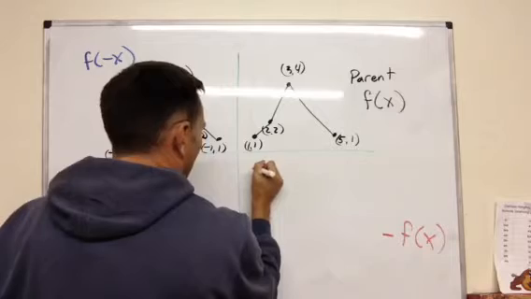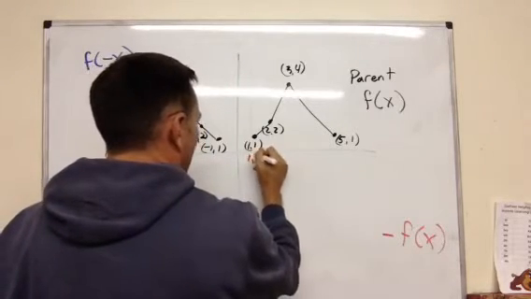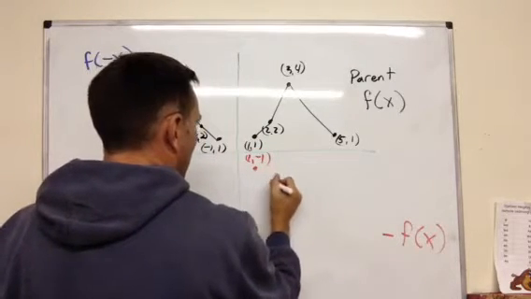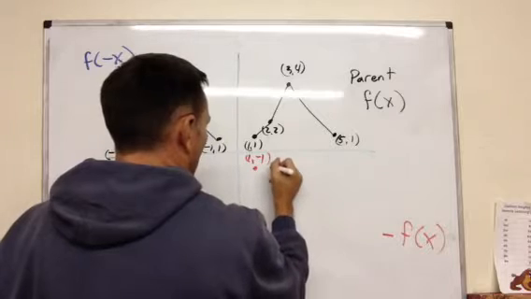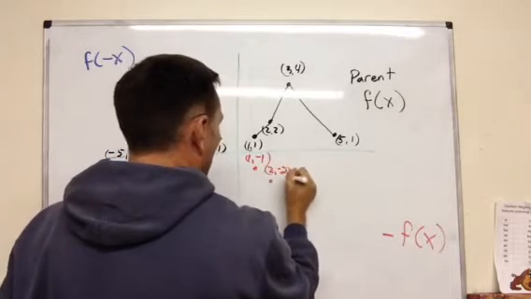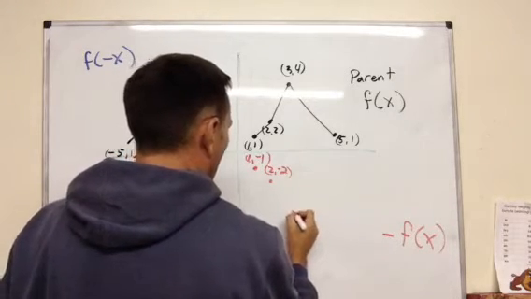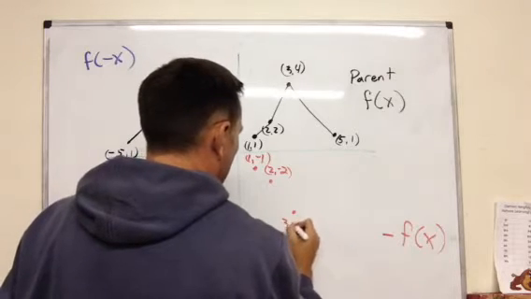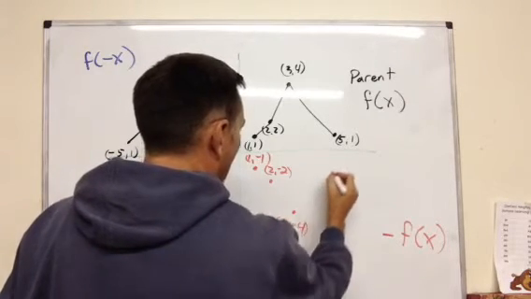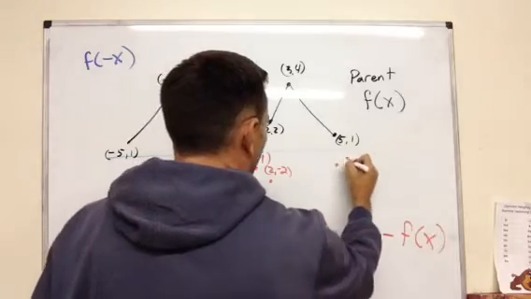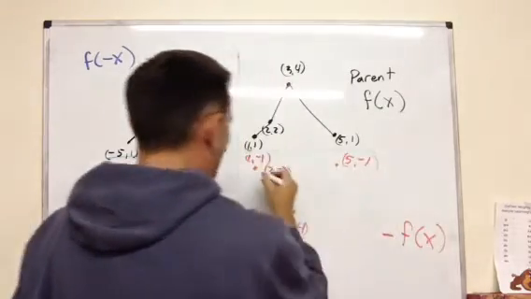So this point is now (1, negative 1). This point is (2, negative 2). This one is now (3, negative 4). And this one here is (5, negative 1).